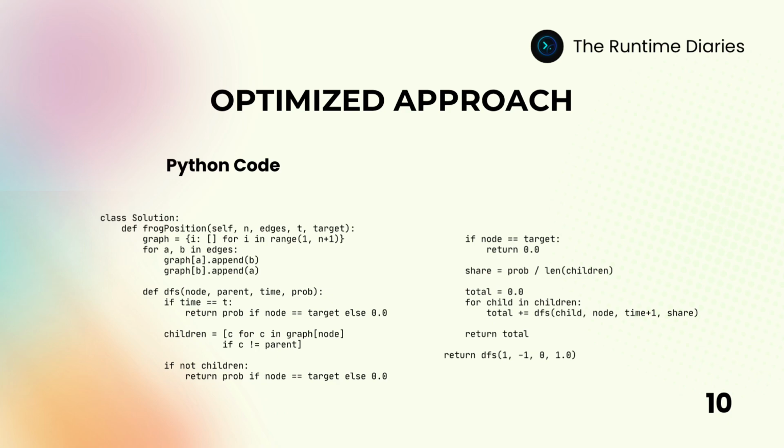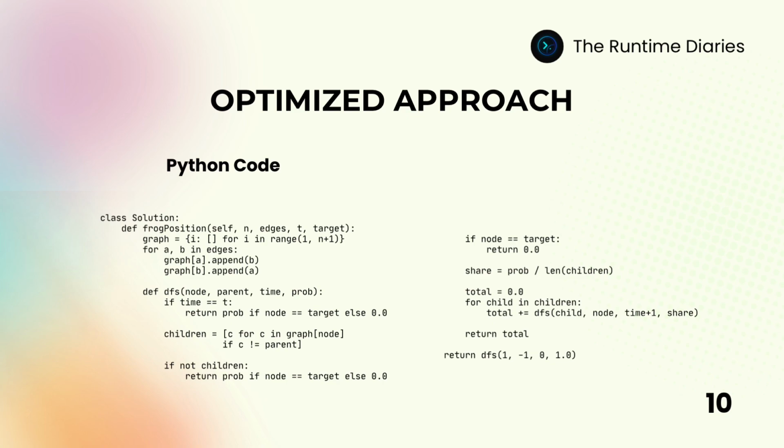Here is the full clean implementation of frog position after t seconds. We build the adjacency list by creating a dictionary for nodes 1 to n. Then, for each edge, we add bidirectional connections. We define the DFS function with node, parent, time, and probability as parameters. If time equals t, return probability if node equals target, else 0.0. Get children by filtering graph of node to exclude the parent.